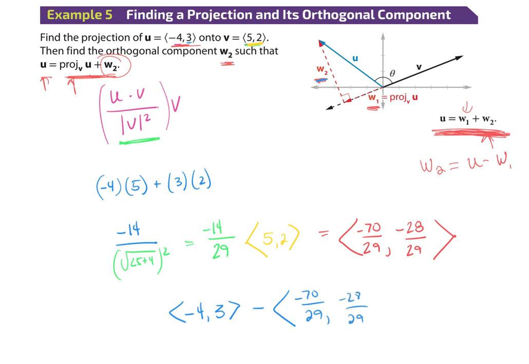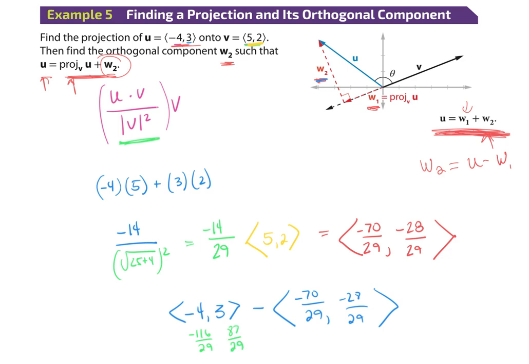What do I need here? By the way, I need a common denominator. So you're just going to multiply each of these pieces by that 29. So you're going to get negative 116 over 29, and then negative 4, positive 3, so you're going to get a positive 87 over 29.